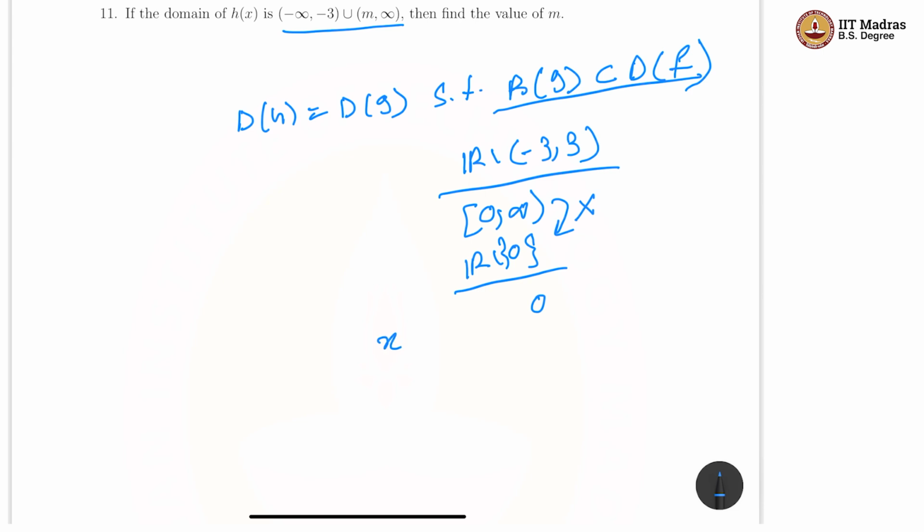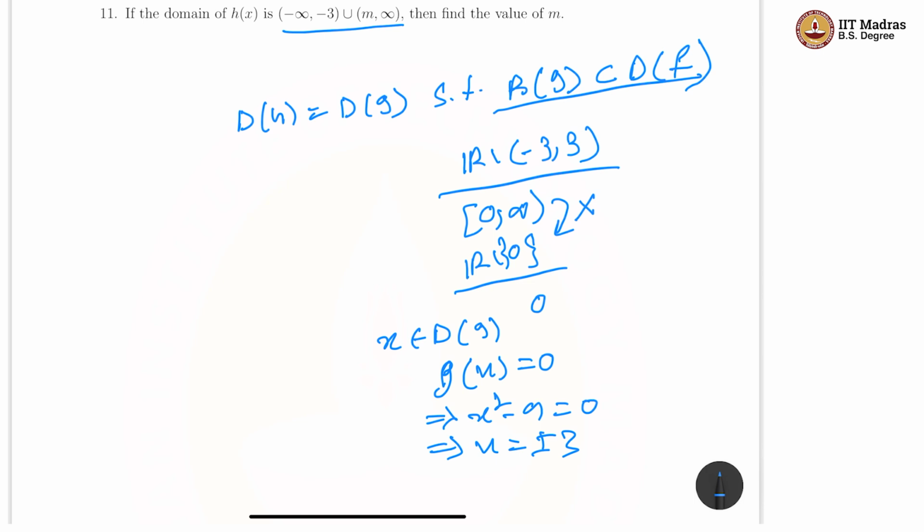So for x belonging to the domain of g, we have g(x) equals 0. Then x squared minus 9 equals 0. That means x equals plus or minus 3. So if we simply exclude x equals plus or minus 3 from the domain of g, then the range of g will be a subset of the domain of the function f.